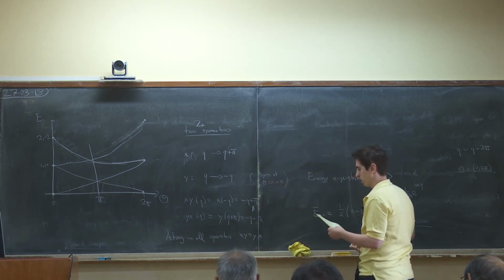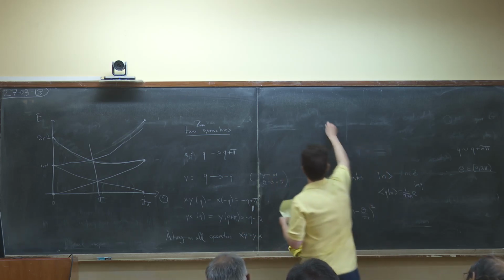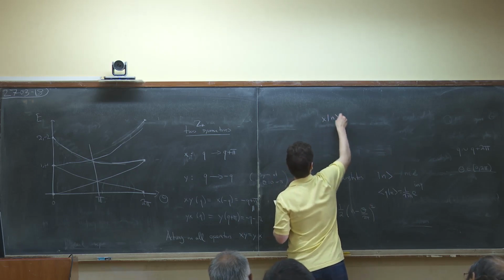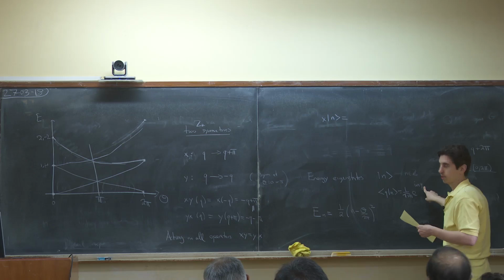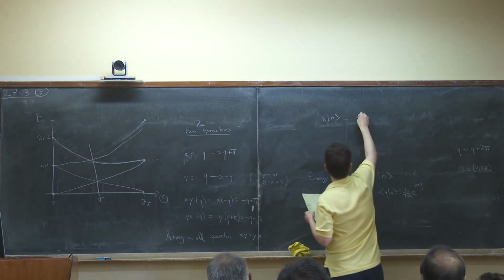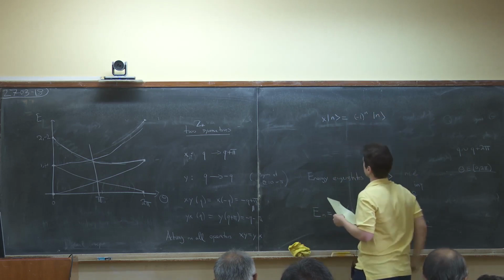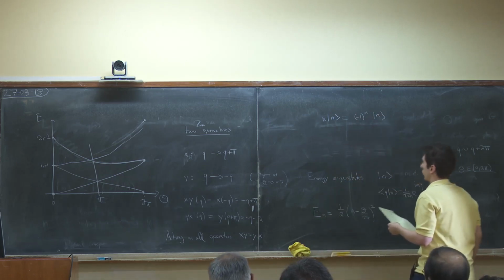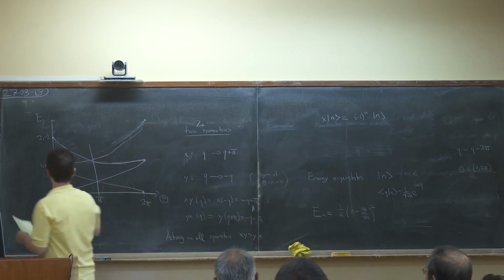Okay, now how do these symmetries act on states? So X on n, well, that's easy to check because we just shift Q by pi. This is just minus 1 to the n on n. Okay, what about Y on n? So Y is the symmetry that's responsible for the degeneracy.